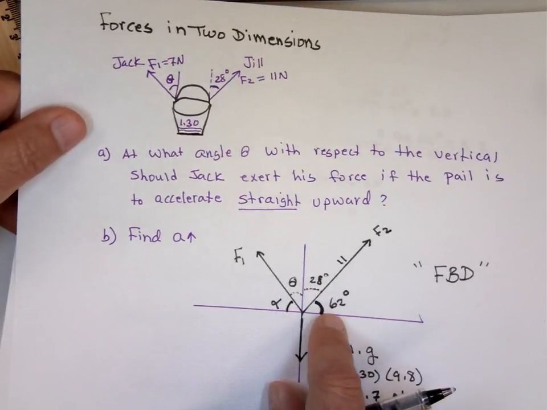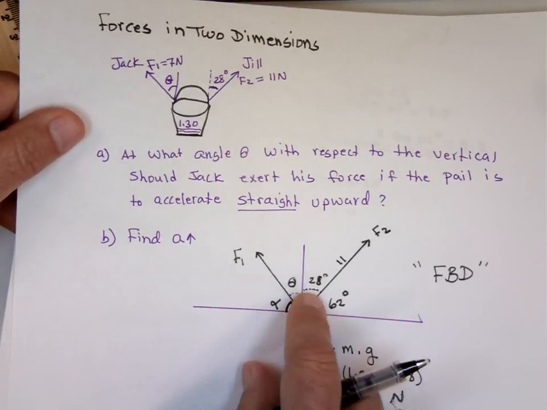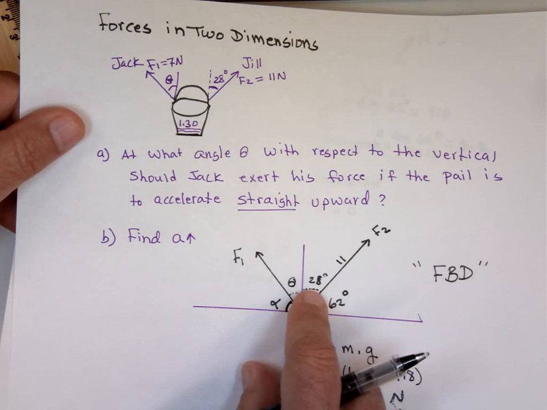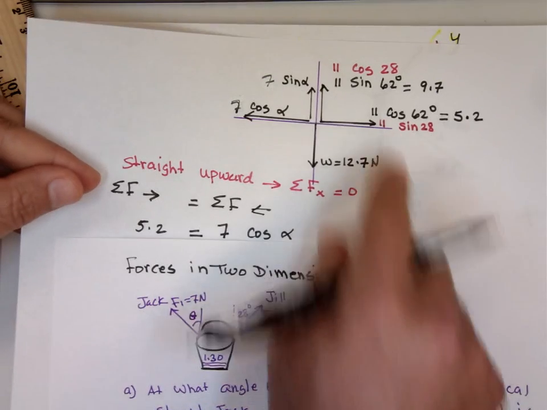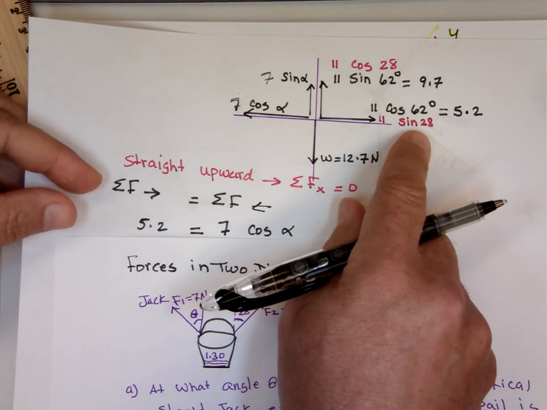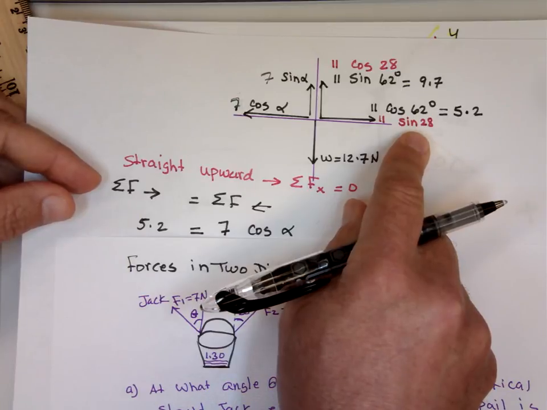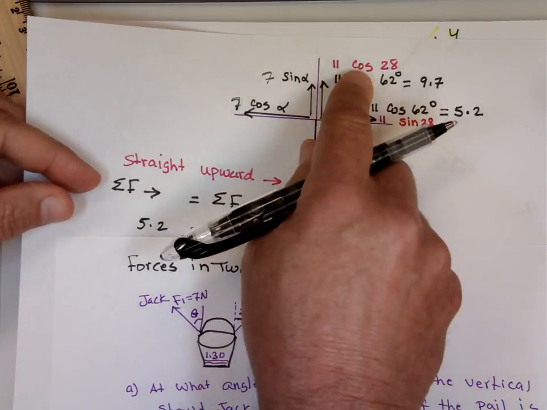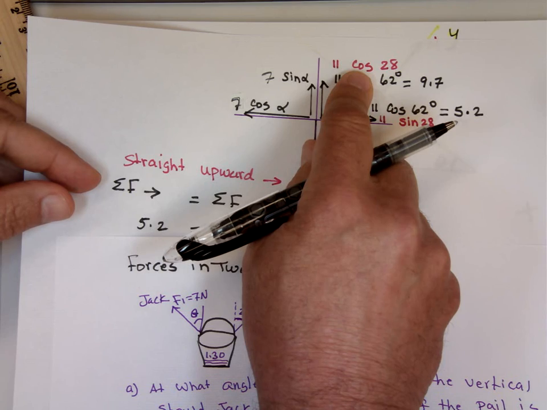If I use the angle with respect to y, the x component is not the cosine, it becomes the sine, and the y component becomes the cosine.